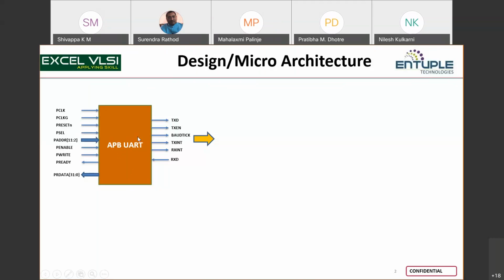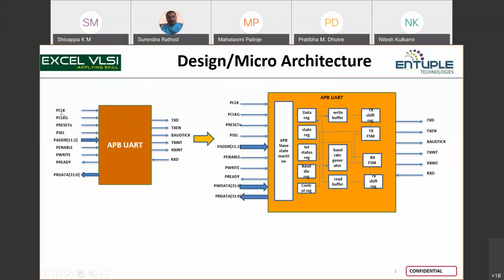So, giving background on ARM, they standardized certain bus protocols: APB is Advanced Peripheral Bus, AXI is Advanced eXtensible Interface, and AHB is the Advanced High-performance Bus. This block has an APB bus, which will typically be driven by the processor.